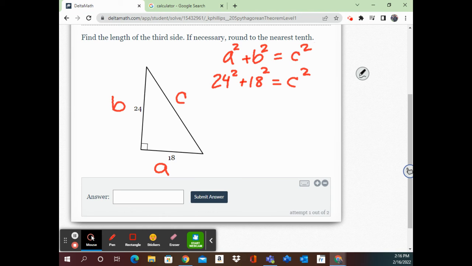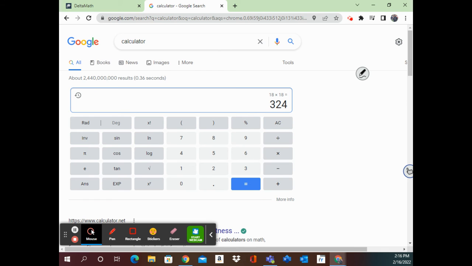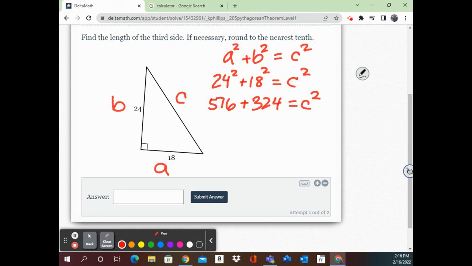So now I write 576 plus 324 is equal to C squared. Next, I go to my calculator and add those up. 324 plus 576 is equal to 900. So I do know now that 900 is equal to C squared.